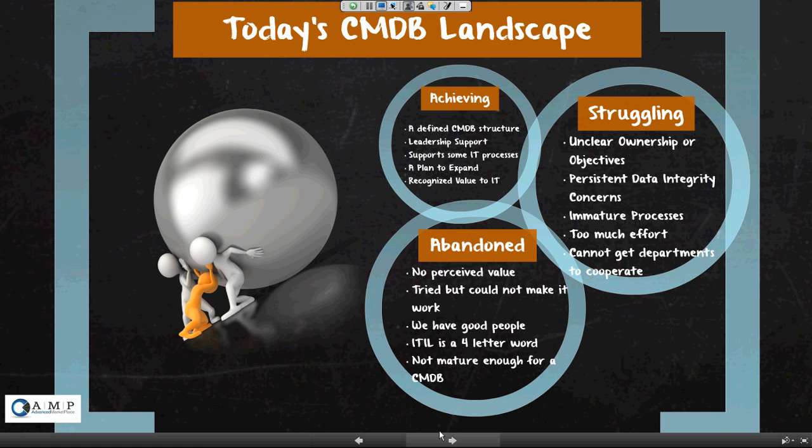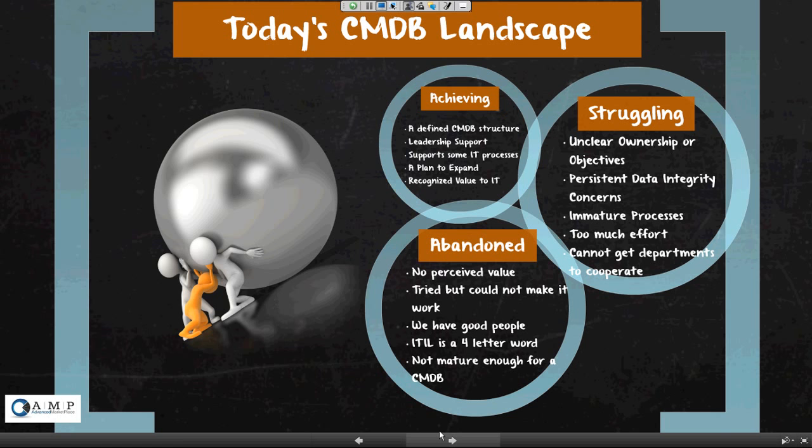They're either achieving with their CMDB, and that means they have a very well-defined CMDB structure. There's good executive sponsorship for the CMDB and for the costs and resources associated with maintaining that CMDB. It's supporting key processes for the organization. And probably the most important part is that last bullet, a recognized value to IT.